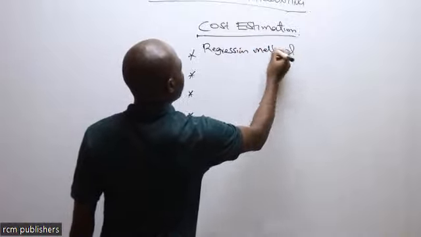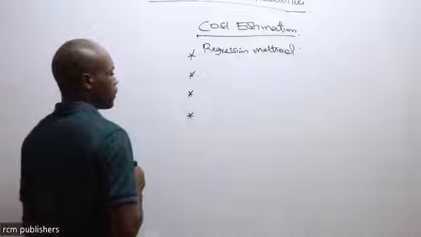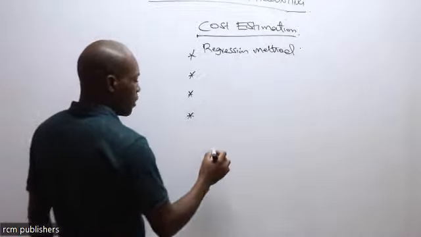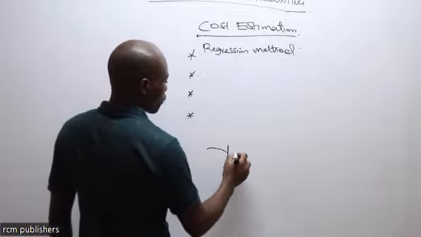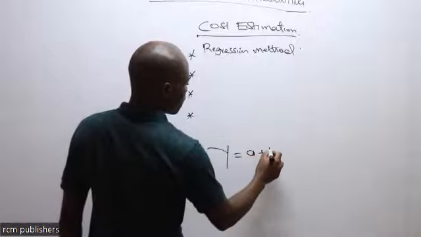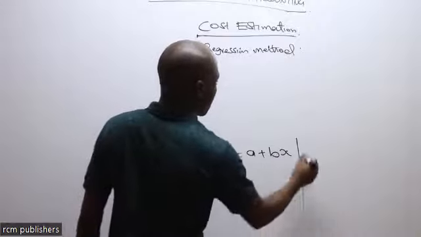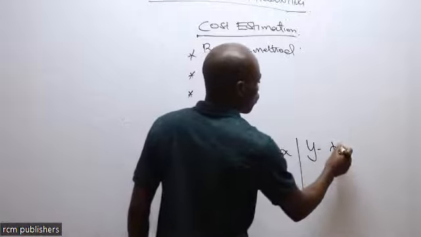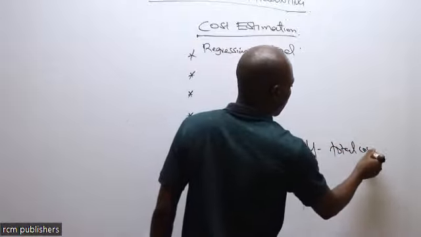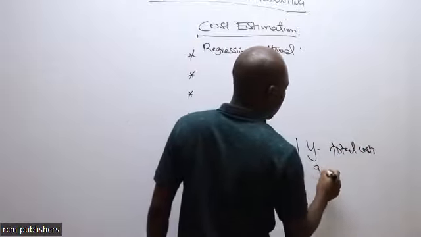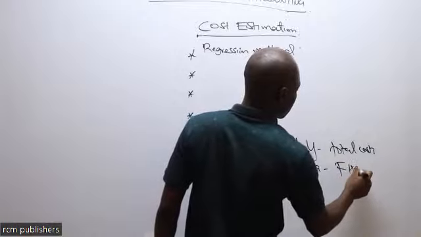We are going to look at how to come up with the cost function. Remember, all of them must lead you to this cost function, y is equal to a plus b x, whereby our y is the total cost. Then our a is the fixed cost component.